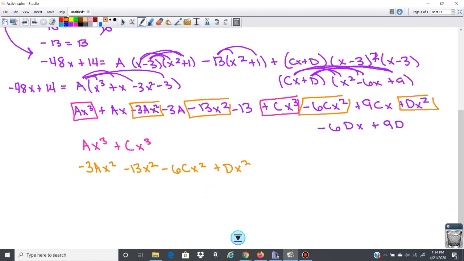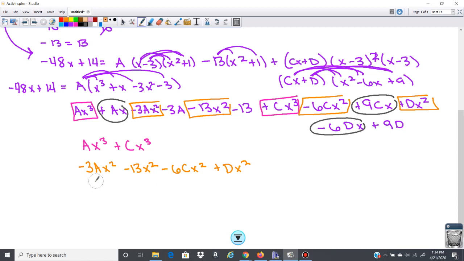All right, let's go to a gray for our x's. So I have a plus ax plus 9cx minus 6dx.